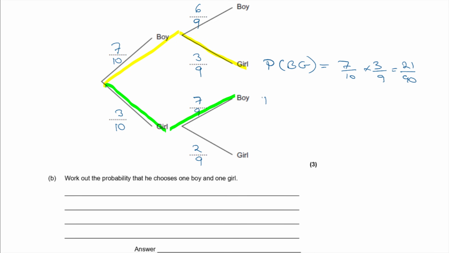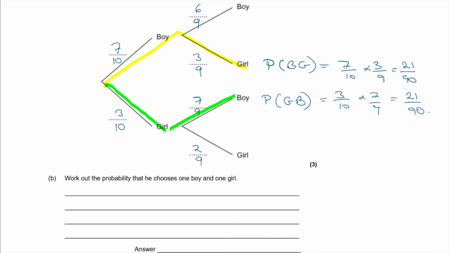And then the probability of girl boy, that's going to be 3/10 times 7/9. Now notice the probabilities come out the same anyway, which is pretty much always the case when you've got these things the other way around.